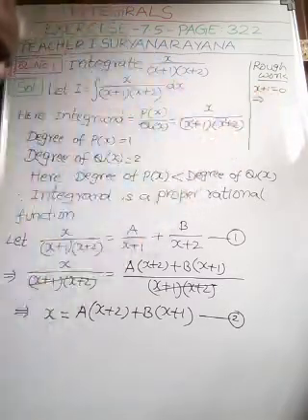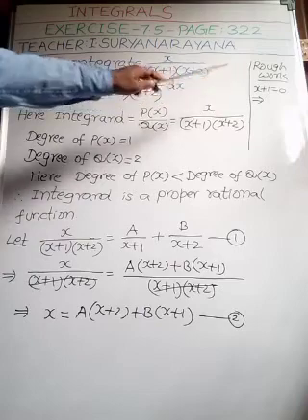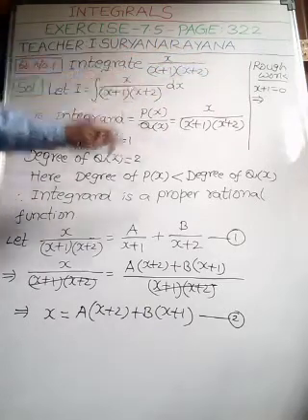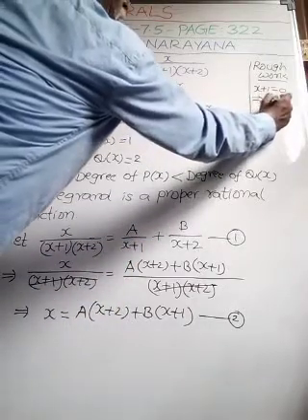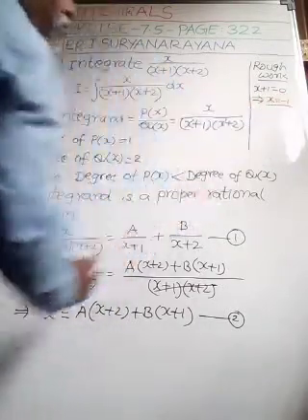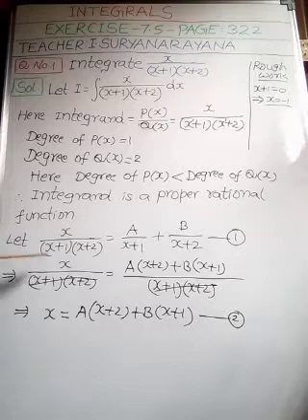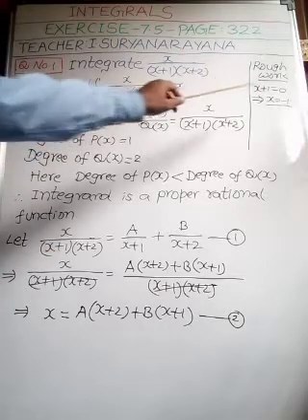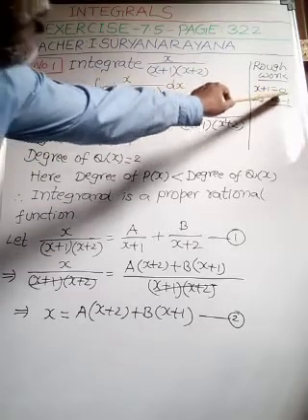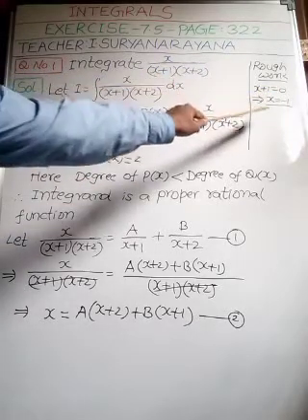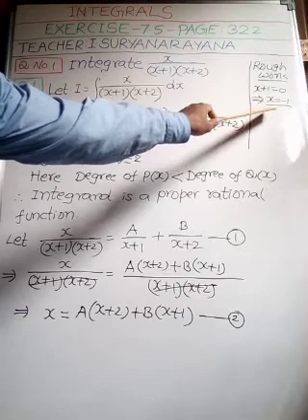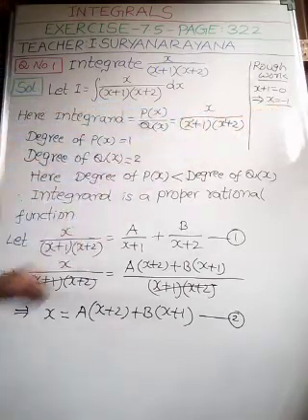We have to do this rough work on the rough paper. To substitute the value of x, we have to find x. Write the first linear factor is equal to 0. From this equation, find the value of x. What is the value of x? You got x is equal to minus 1.